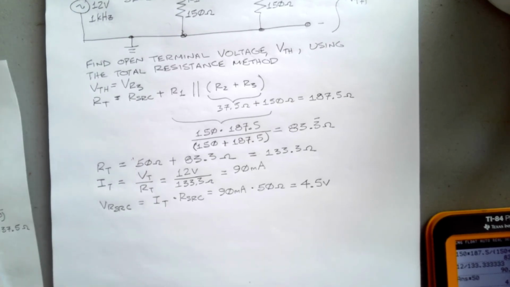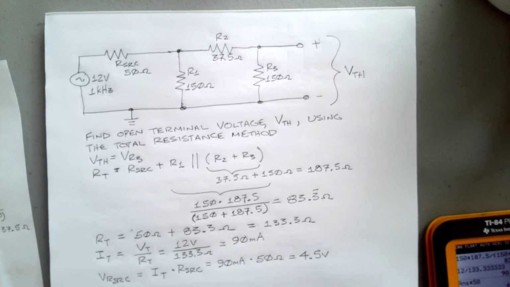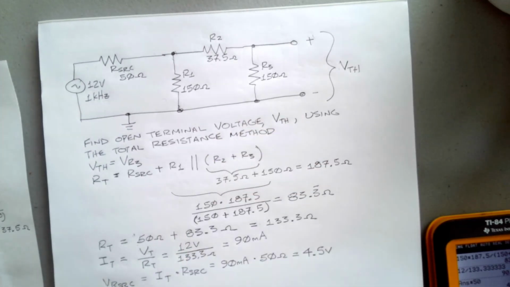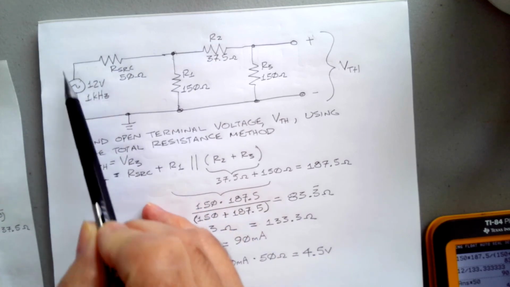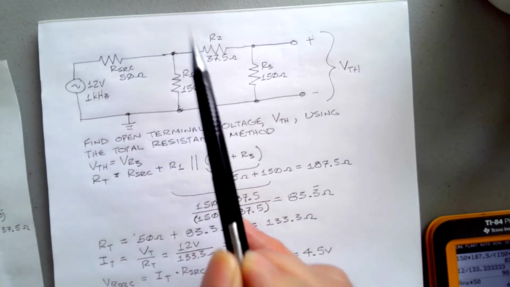All right. And now if we want to find the voltage across the load, we're going to have to look at a voltage divider application here. So VR1, if you will, has got to be 12 volts minus the voltage across our source.